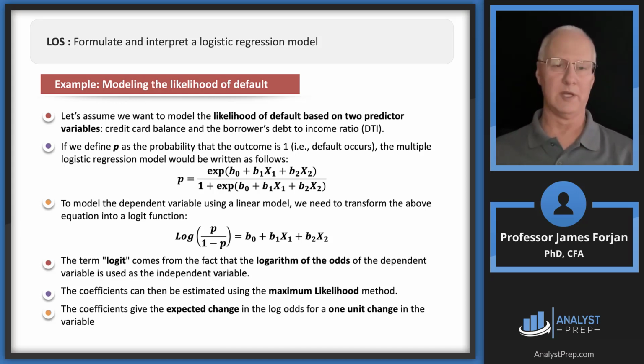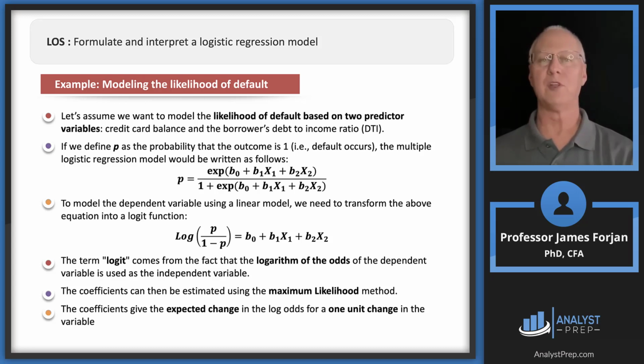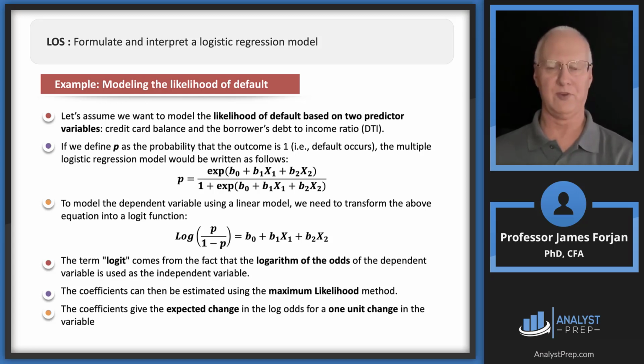Now, we can't use the regular old least squares regression. We have to use what's known as the maximum likelihood method. That's the second to last embedded bullet point. Coefficients give the expected change in the log of the odds for a 1 unit change in the variable. And I'm going to repeat what I said a second ago. Make sure that you're aware of whatever that 1 unit change is in the variable.